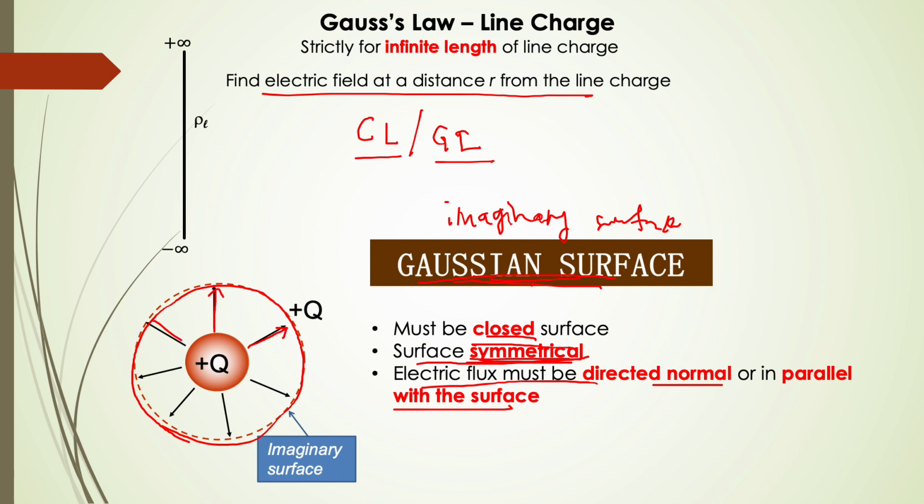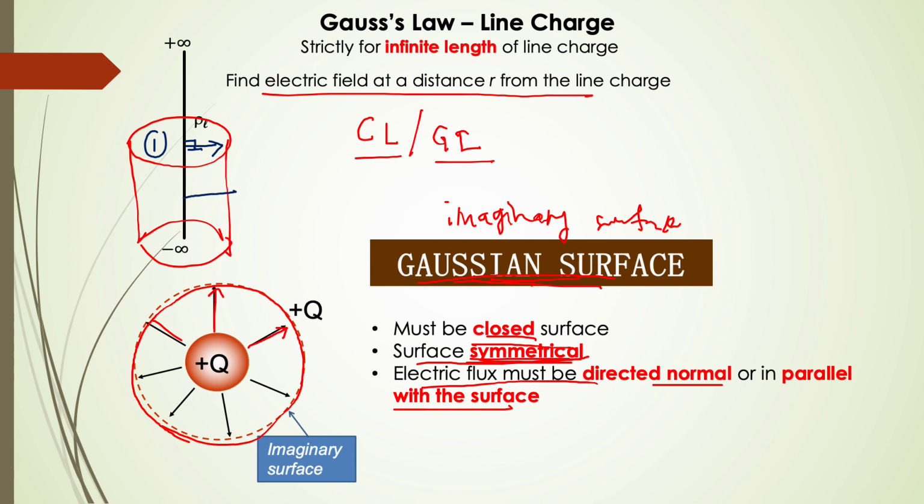Let's look at the example that we discussed in the previous lecture. For this line charge, the appropriate imaginary surface is a cylinder. We know the electric flux here is in this direction. For surface number 1, we can see that the electric flux is parallel with the surface.